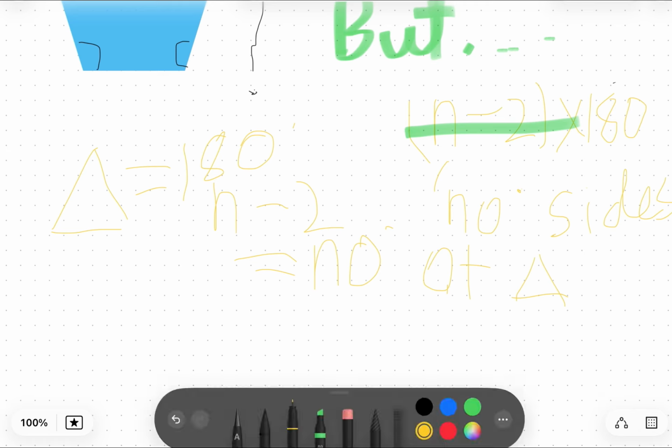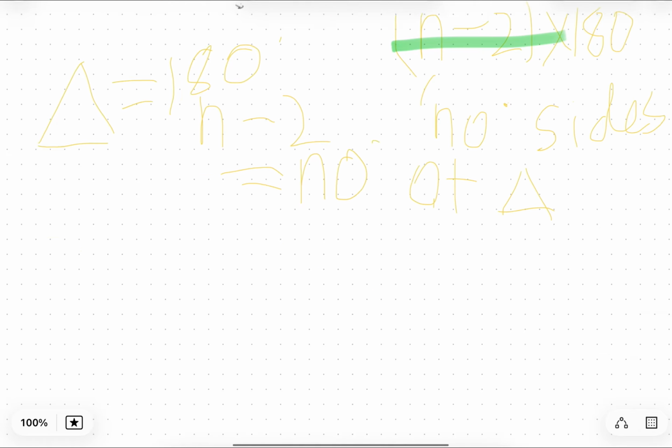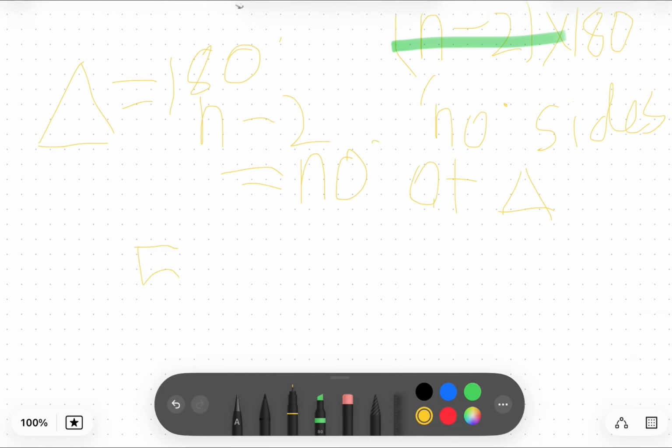So if we were to substitute into this equation, 5 minus 2, parentheses, remember that. That's quite important. That would give us 3 triangles into 180, which would give us a total sum of 540 degrees.